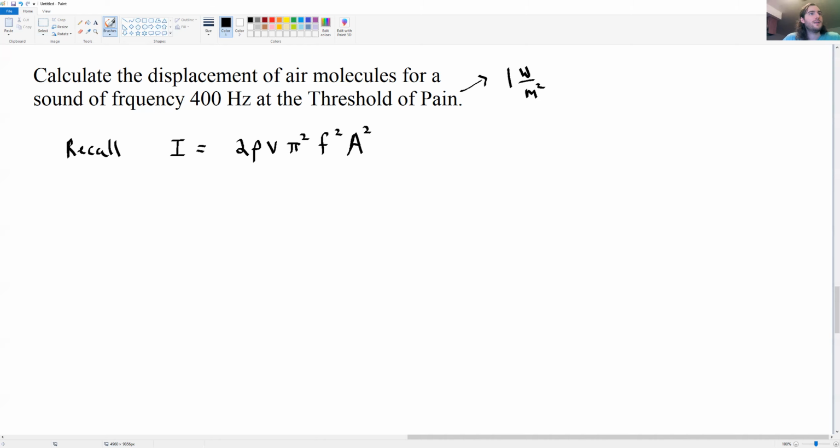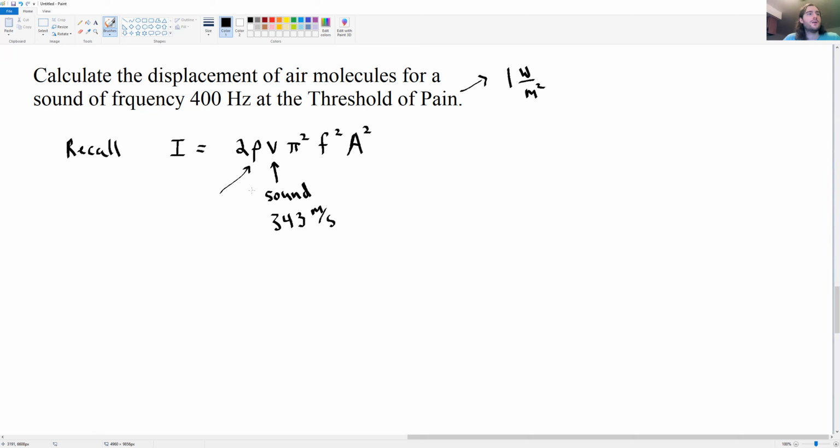There are some other things I need to give you here. I'll put you back in groups as well. We can do new groups. The other bit of information I need to give you is the speed of sound. We're talking about sound waves, so we'll take it at room temperature, 343 meters per second.